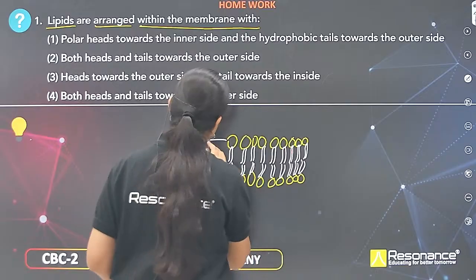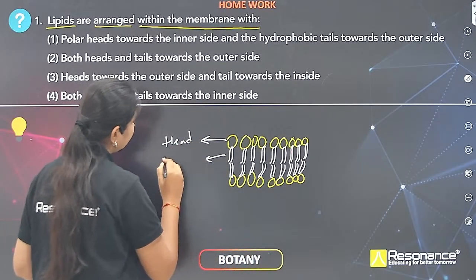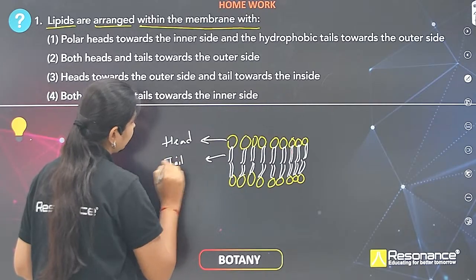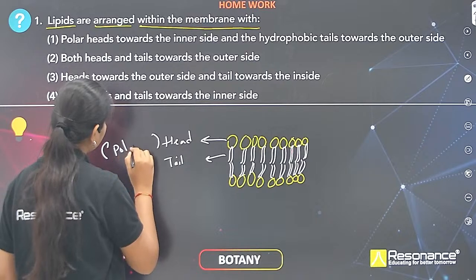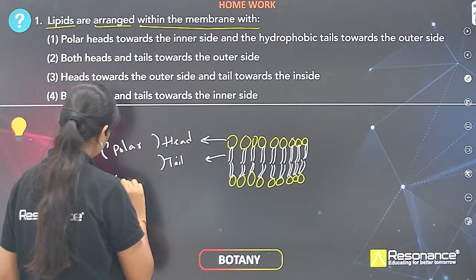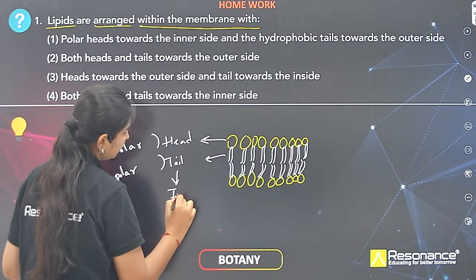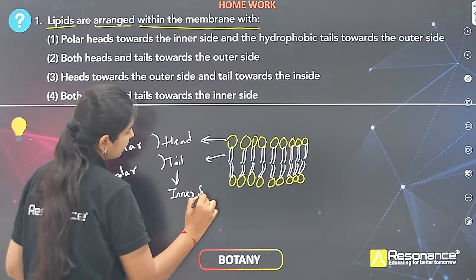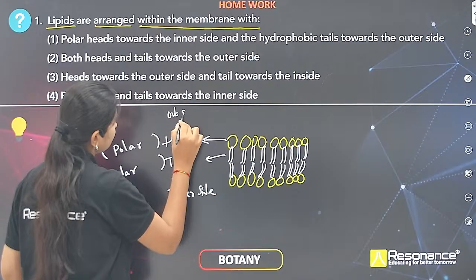So this is the head and these are the tails. Head, what is the nature? It is polar. The tail is non-polar. Where is it present? The tail is present to the inner side, whereas the head is present outside, towards the environment.